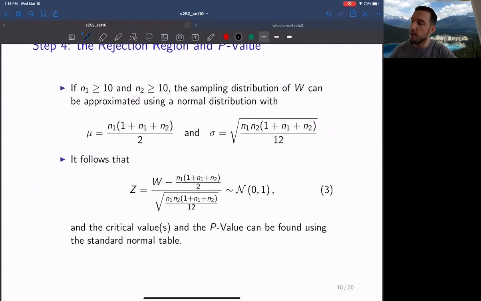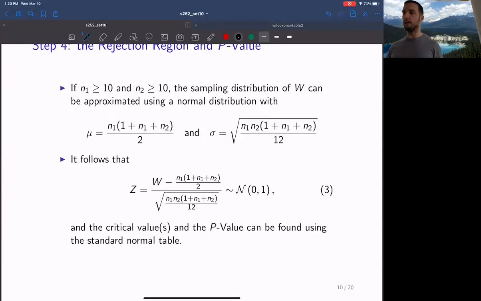Here, if n1 is greater than or equal to 10 and n2 is greater than or equal to 10, then the sampling distribution of W can be approximated using mu equals n1 times (1 plus n1 plus n2) over 2, and sigma equal to the square root of n1 times n2 multiplied by (1 plus n1 plus n2) over 12. Using these values, we can standardize our test statistic, W, and that will become a standard normal value, which means that on step 4 of our hypothesis test, we can now use the standard normal table rather than the Wilcoxon table.